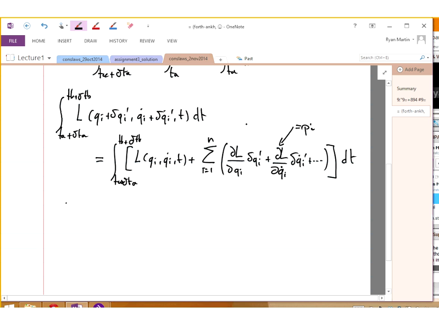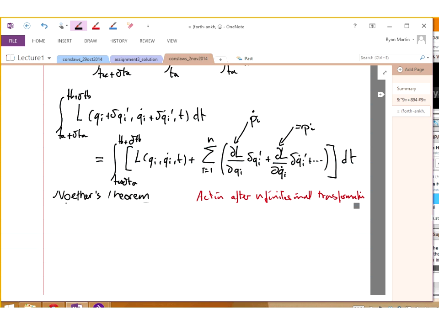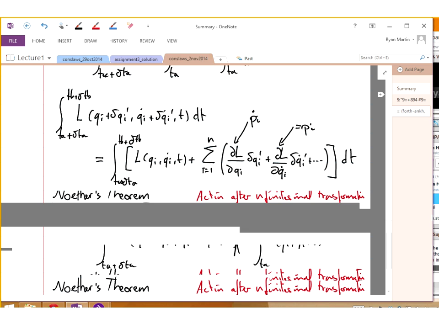And this thing here, ∂L/∂q_i, is actually equal to p_i dot. Any questions about that? Because the Euler-Lagrange equation, let me just write that in the summary, just in case.